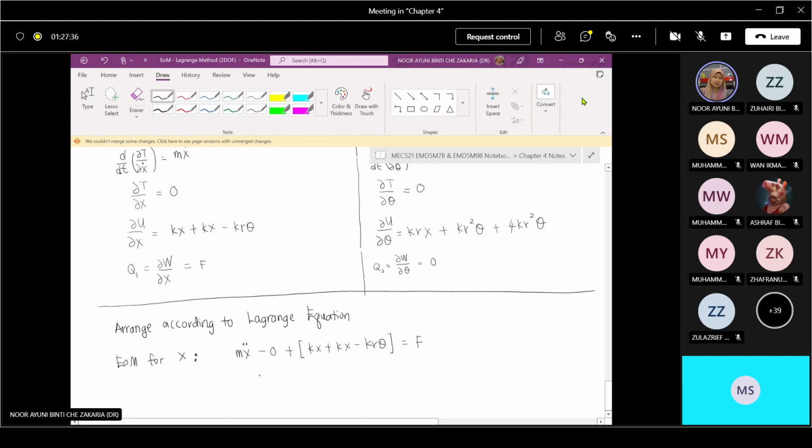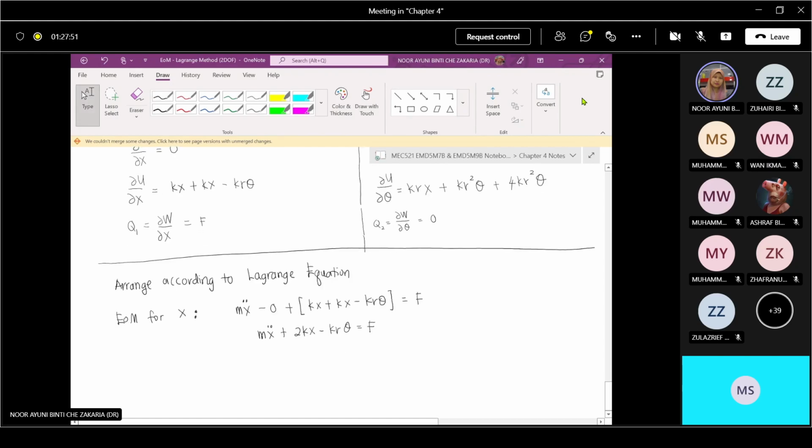So I arrange it again into m x double dot plus 2kx minus k theta equal to f.